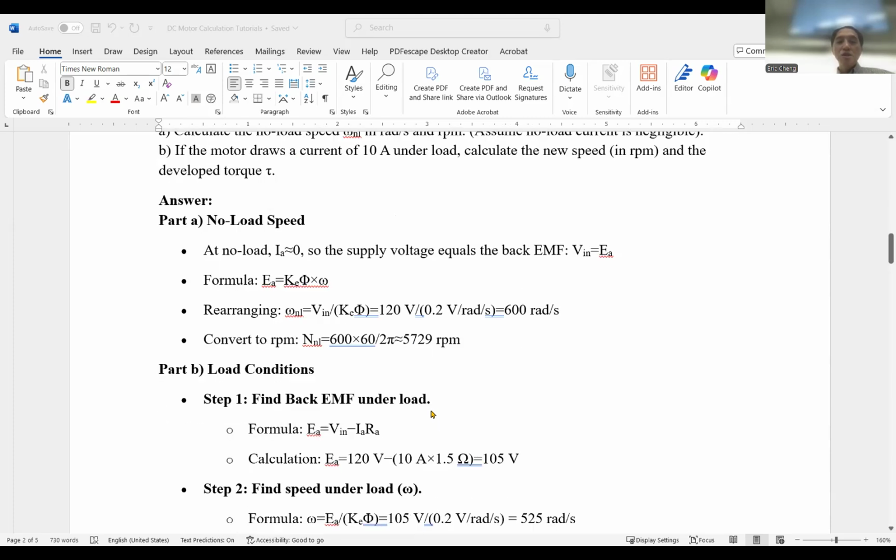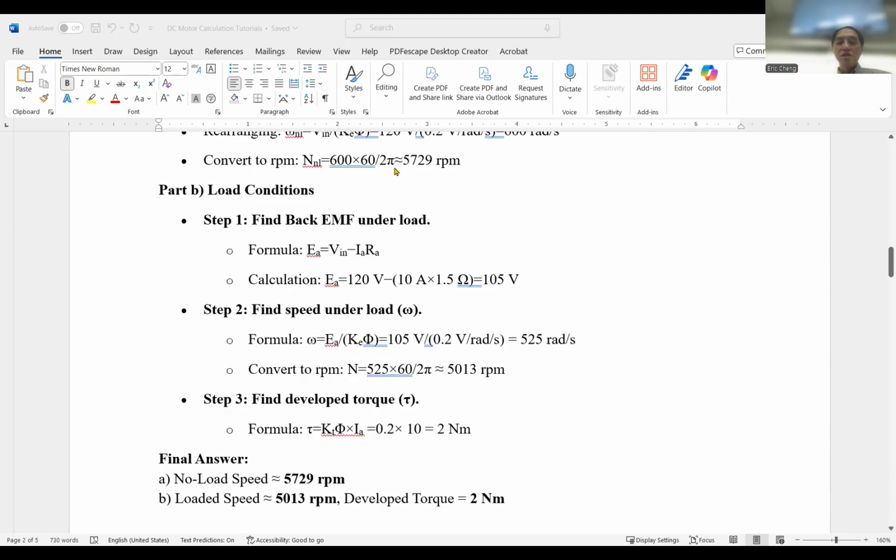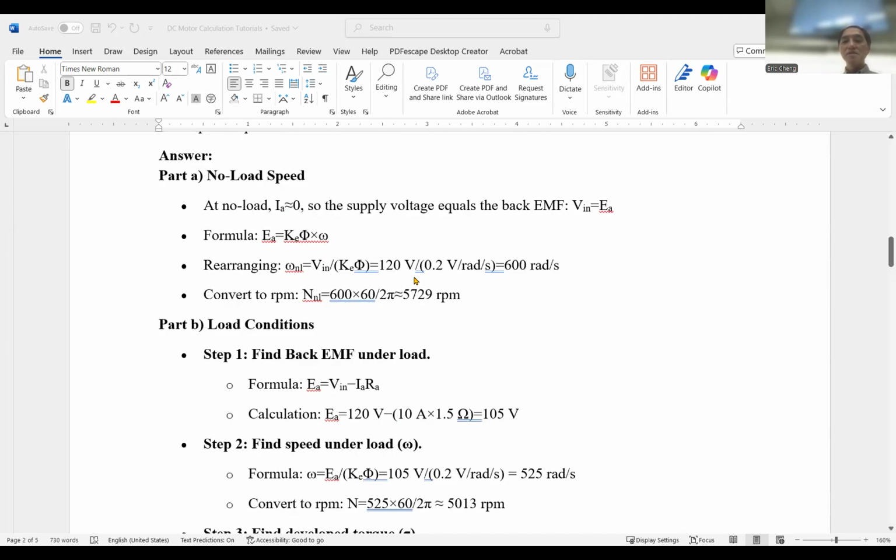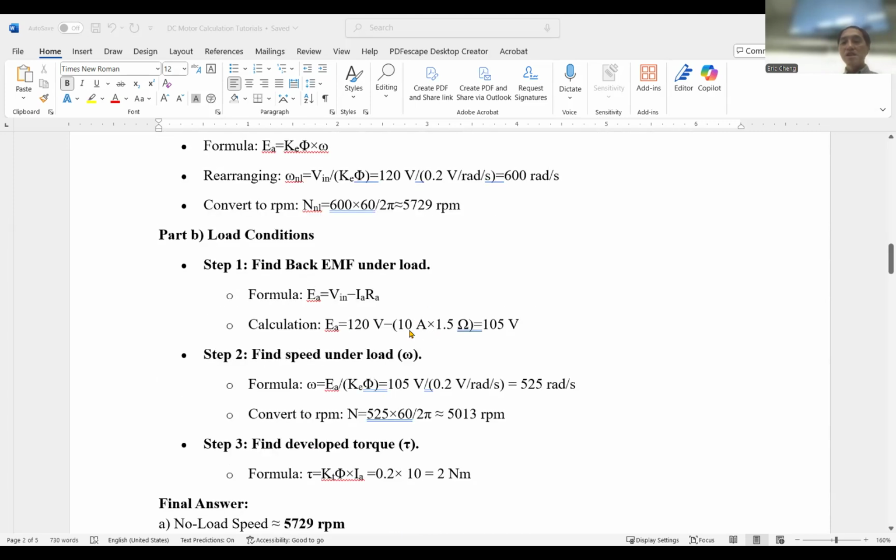For the load condition, when the motor draws a certain current, say 10 amp, that means there must be some load connected to the shaft of the motor. So what's the new speed now? With 10 amp, we go back to the voltage equation: the input voltage minus the voltage drop on the resistor. That's 120 volt minus 10 amp times 1.5 ohm. Then we get the back EMF.